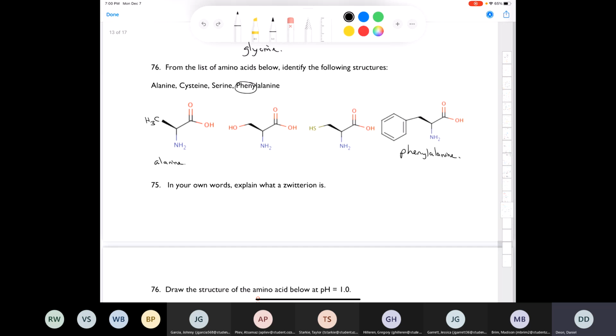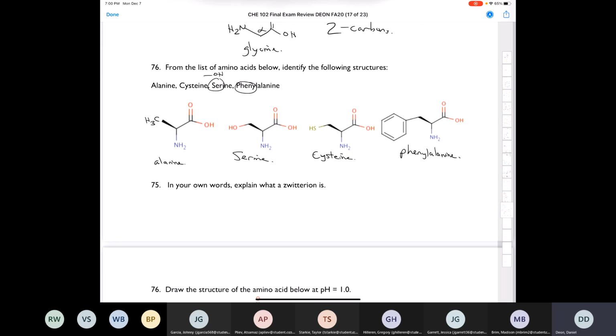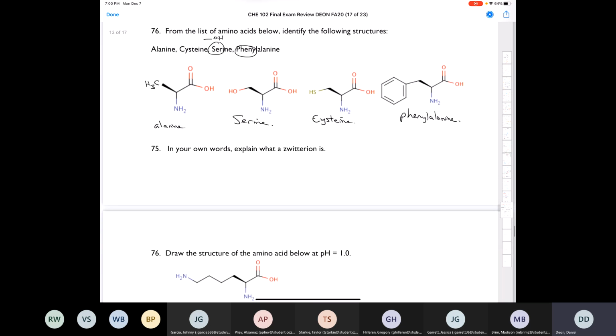Cysteine has a sulfur in it. So this is cysteine, which, remember, can undergo an oxidation reaction with another cysteine molecule to make cystine, which has a disulfide bond in it. And serine has a hydroxyl in it, so this is serine here. Anyhow, you might have picked some of those up along the way, but if not, that's totally okay.